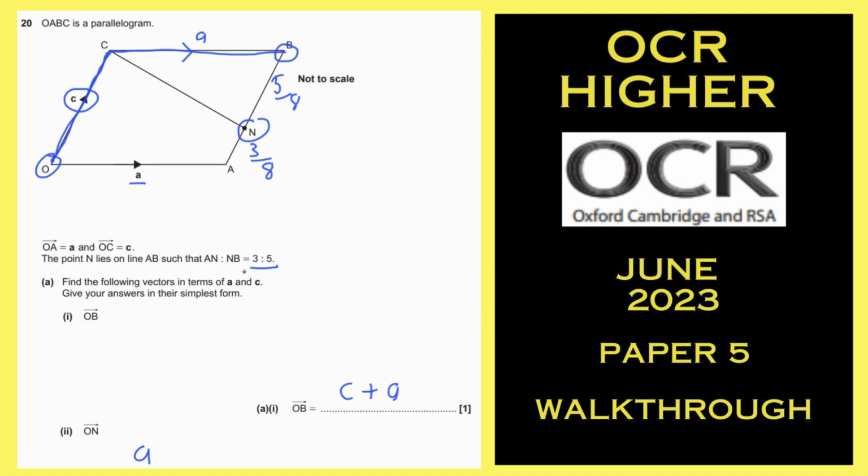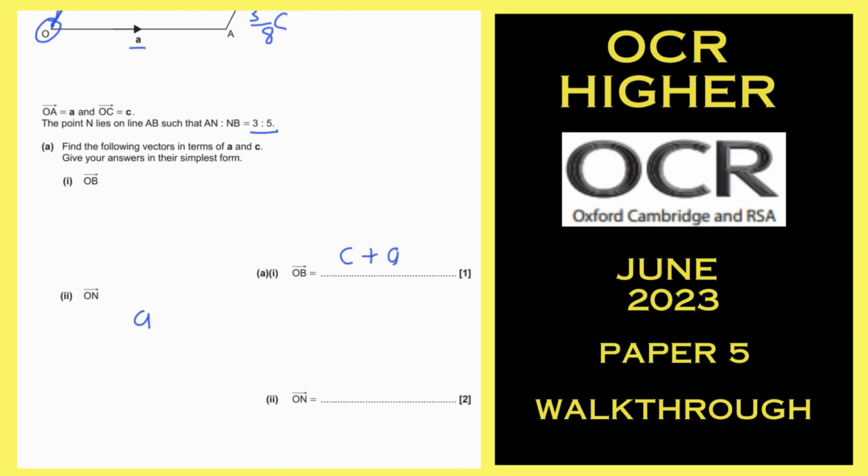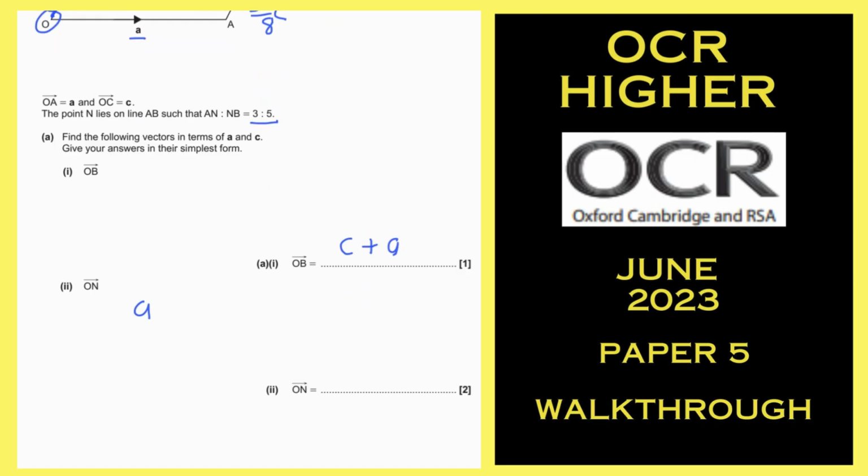But really, these 3/8 and 5/8 are 3/8 of C and 5/8 of C. That helps us with part I because it's A plus the 3/8 of C, one for each bit.